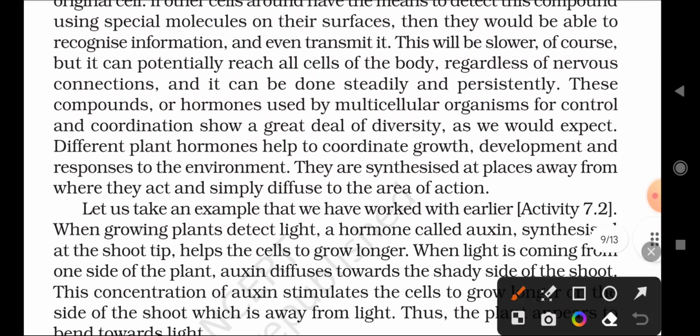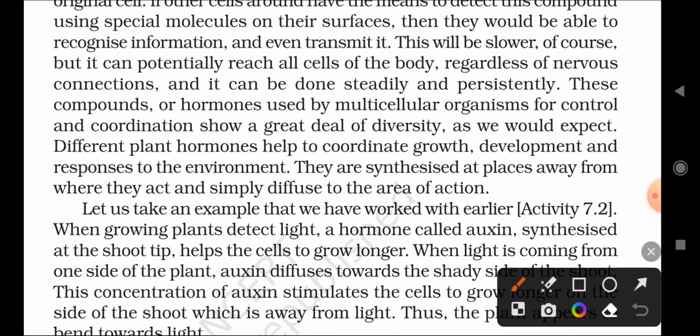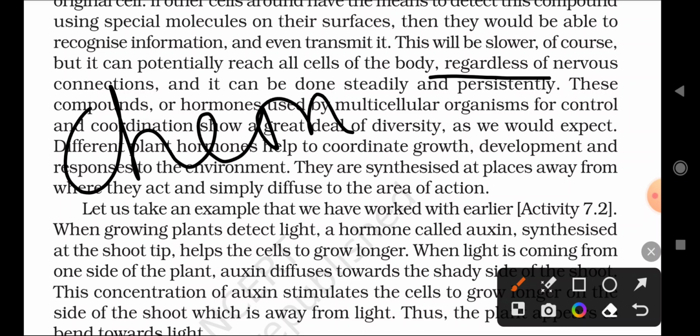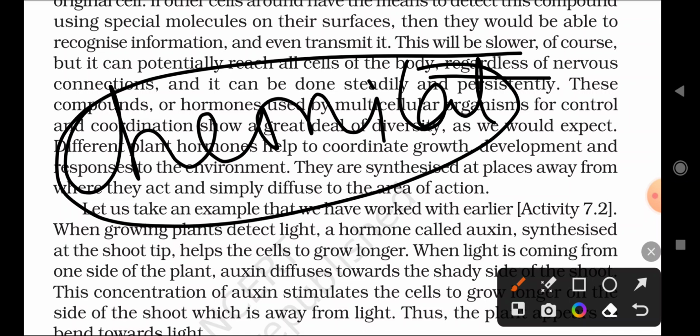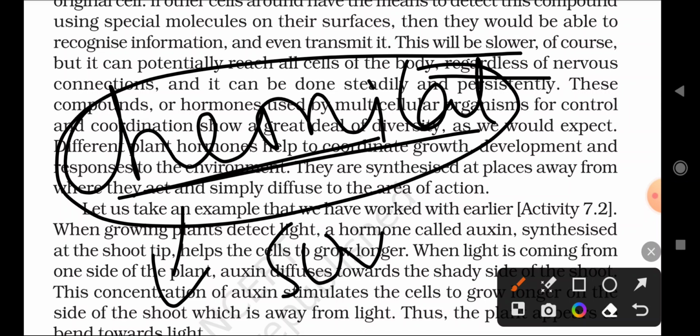With chemical communication, each and every cell of an animal body gets the information more accurately and precisely, though more slowly.